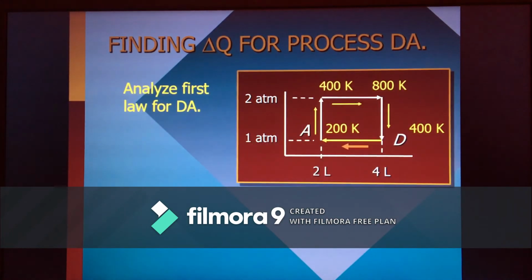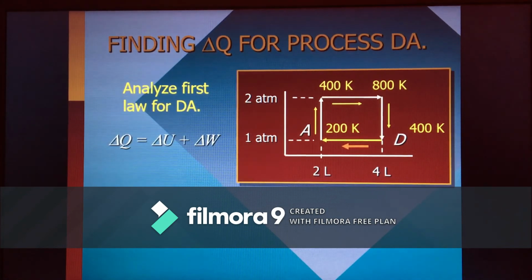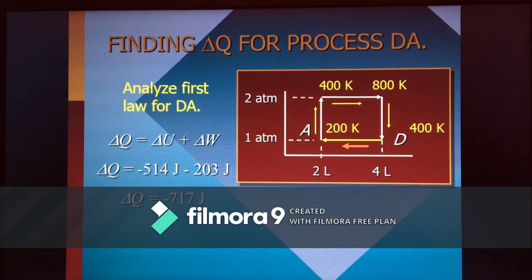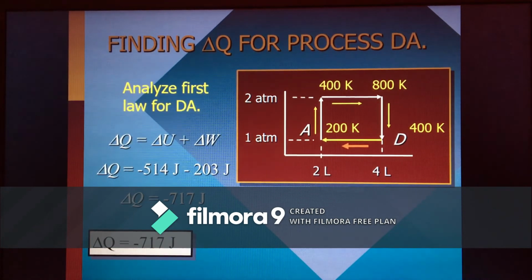Okay, so next, let's find the delta Q for the process DA, using the same diagram. From our relationship, delta Q equals delta U plus delta W. We have calculated delta U, that is negative 514 joules, plus delta W, that is also negative. So we have delta Q equal to negative 717 joules, and we can check that against our previous result.